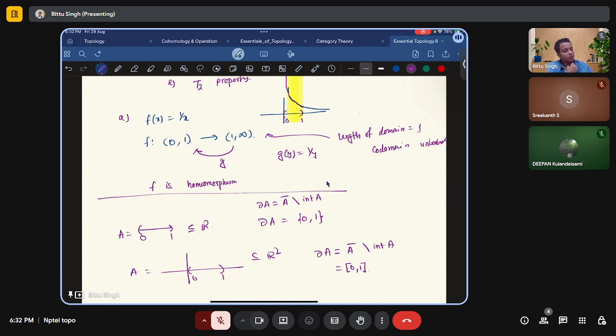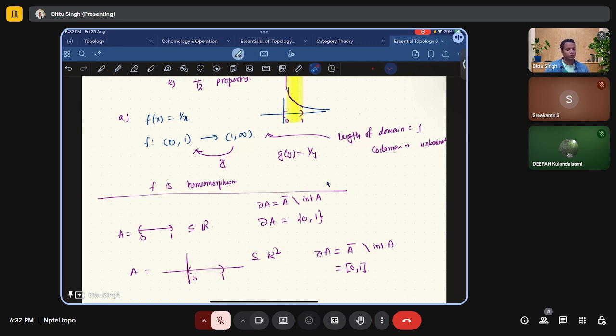Now what about the interior? We can see those points are now not interior. Previously, as a subspace of R, those are interior points, because taking any point here, you can always find an open neighborhood contained in this open (0,1). But here, if we take any point, the neighborhood will look like an open disk, and an open disk cannot entirely lie in this set A, right?